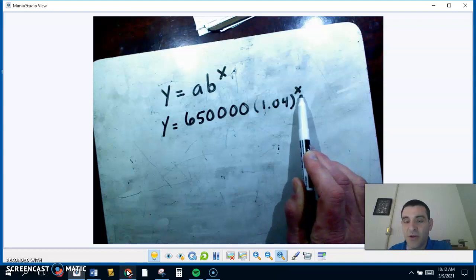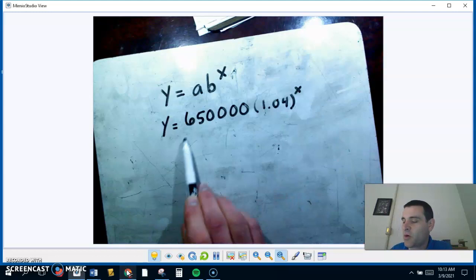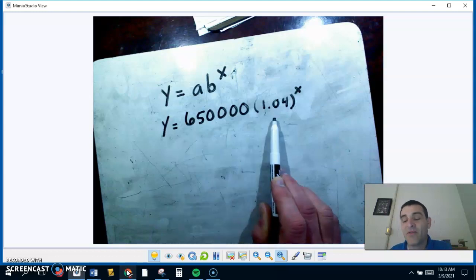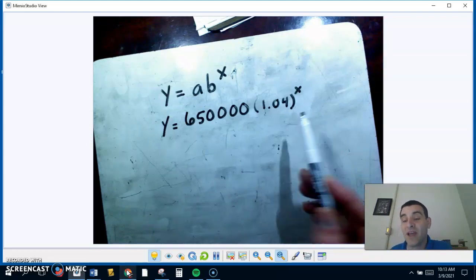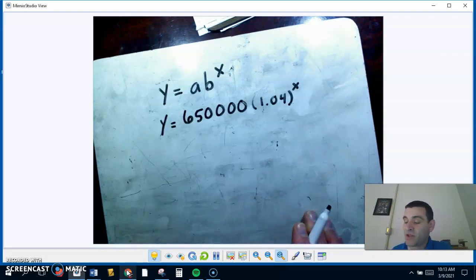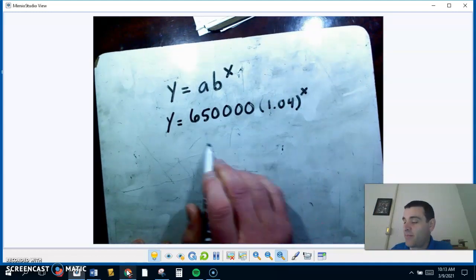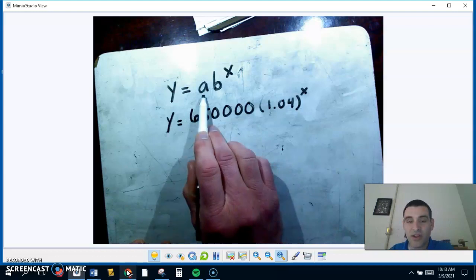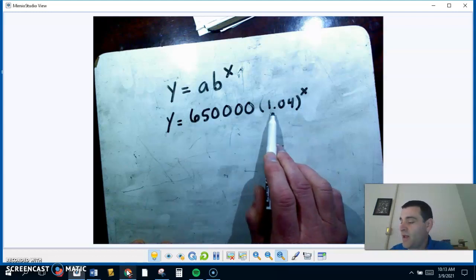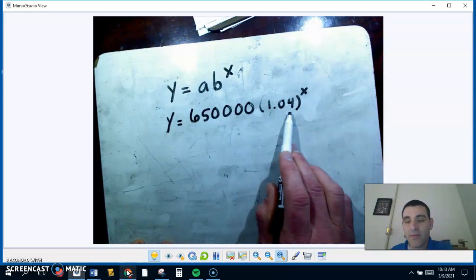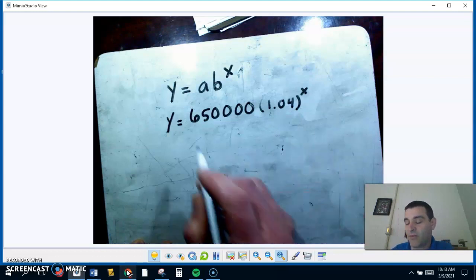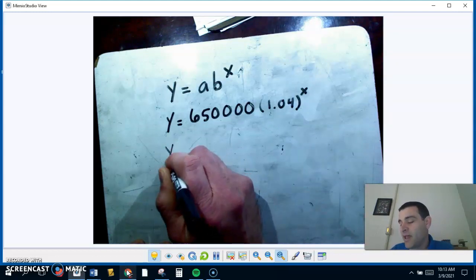If you put a 2 here, you multiply by 1.04 twice. You take 4% more the second year, and then for the third year, you take 4% of that larger number. But long story short, if you just know that the number in front represents your original value and that your percentage shows up in here, that'll be fine for this particular worksheet.